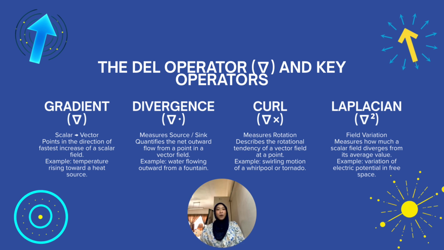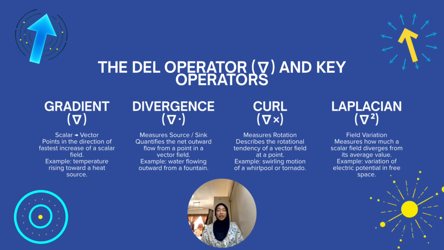So, the del operator is the most important operator in vector calculus, which is represented by the symbol nabla. It is used to perform four different mathematical operations. The first one is gradient. Gradient is used to tell us the direction where a scalar quantity increases the fastest.